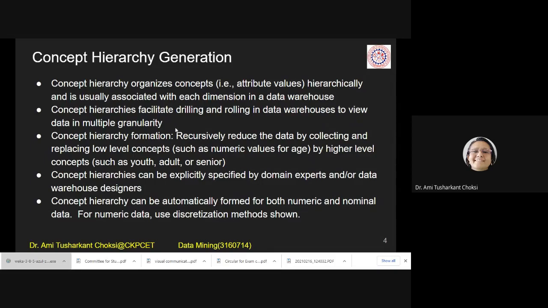Fine. Concept hierarchy formation. Recursively reduce the data by collecting and replacing low level concepts by higher level concepts. Getting it?